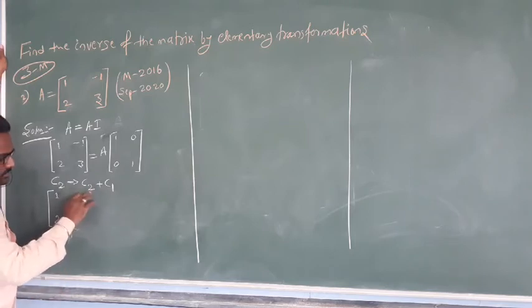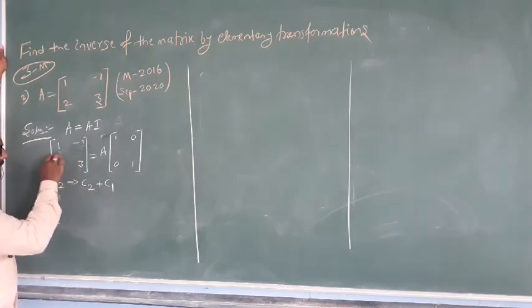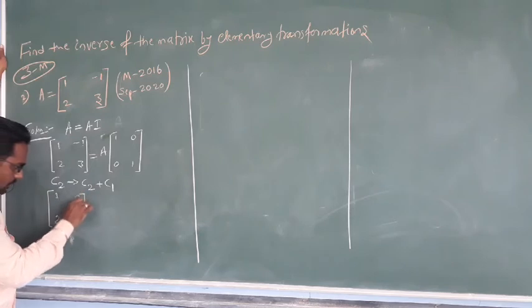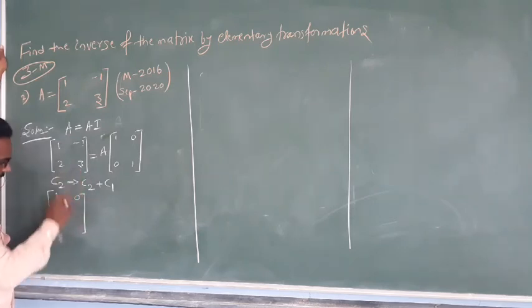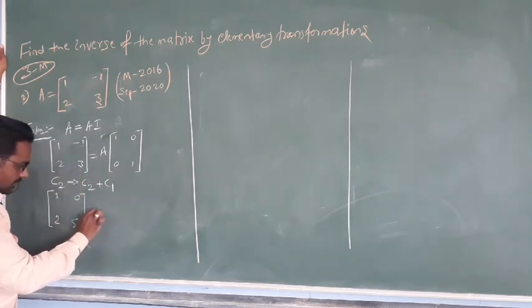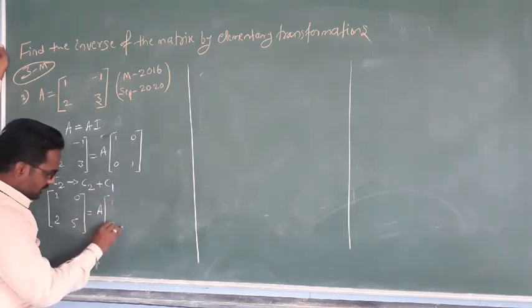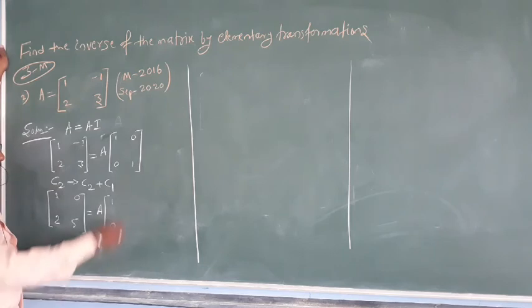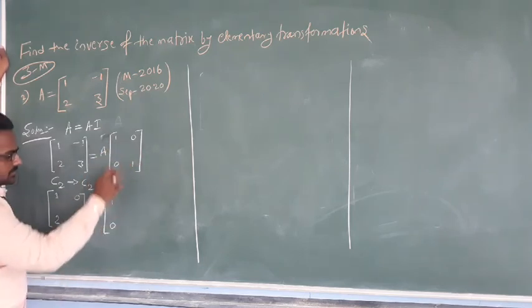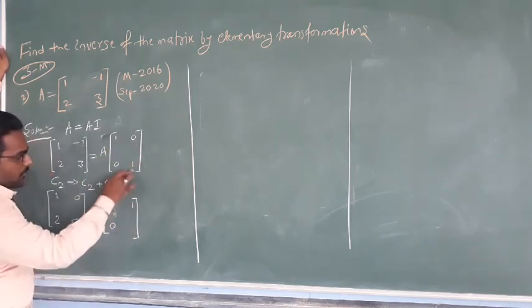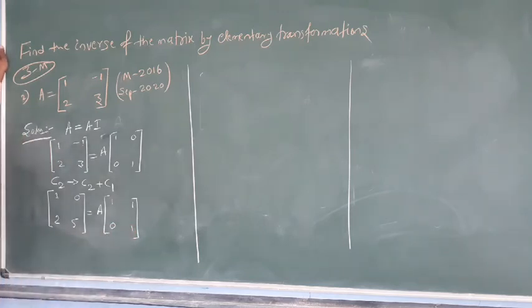So C2 plus C1: minus 1 plus 1, that is 0, and 3 plus 2, that is 5. Equals A into the first column as it is, 1 0, and C2 plus C1: 0 plus 1 is 1, 1 plus 0 is 1. Already the first row elements are 1 0.